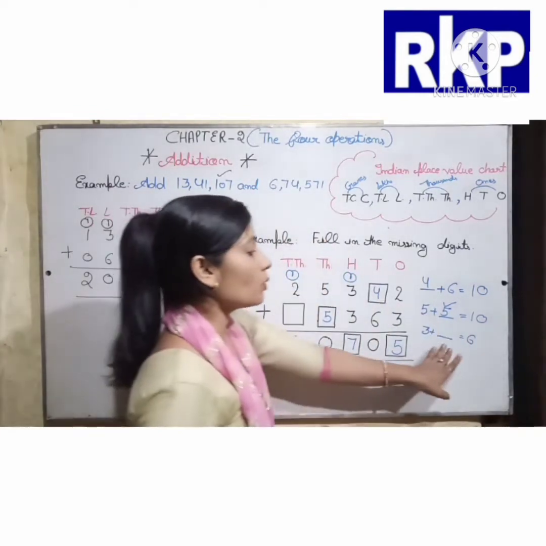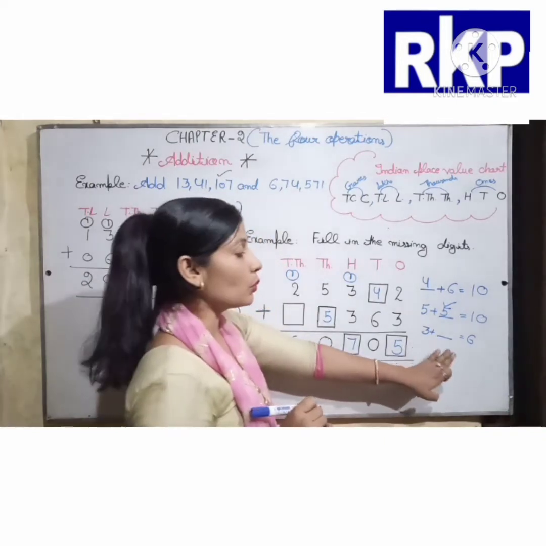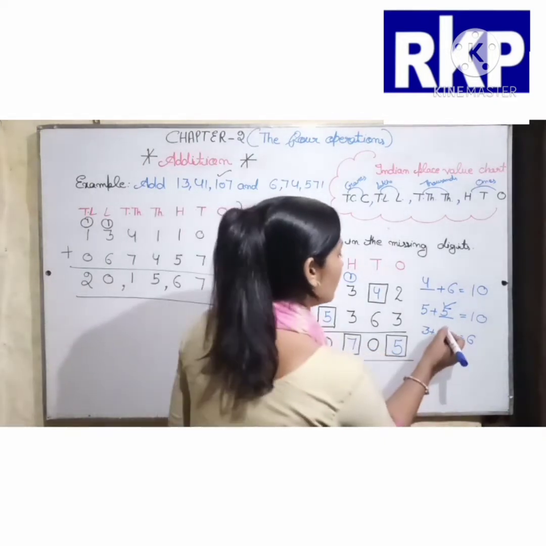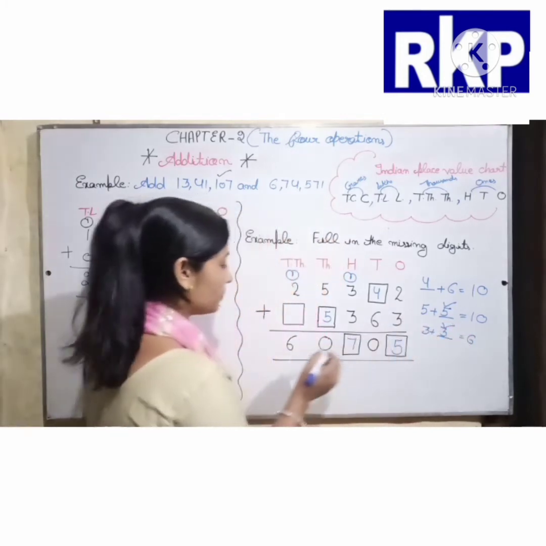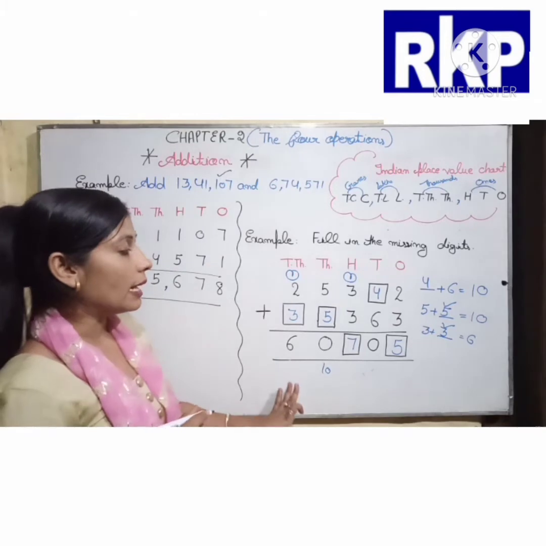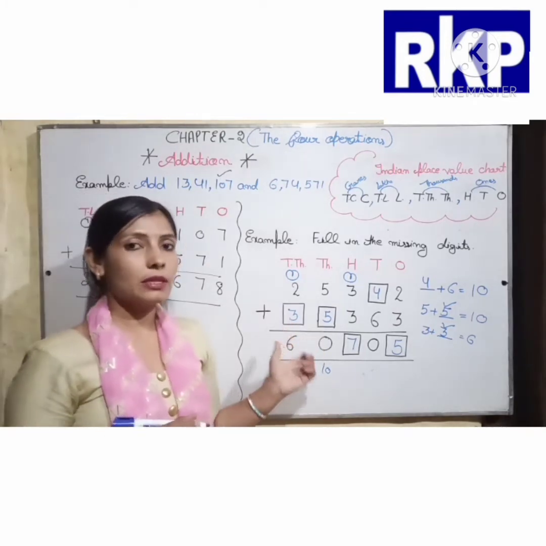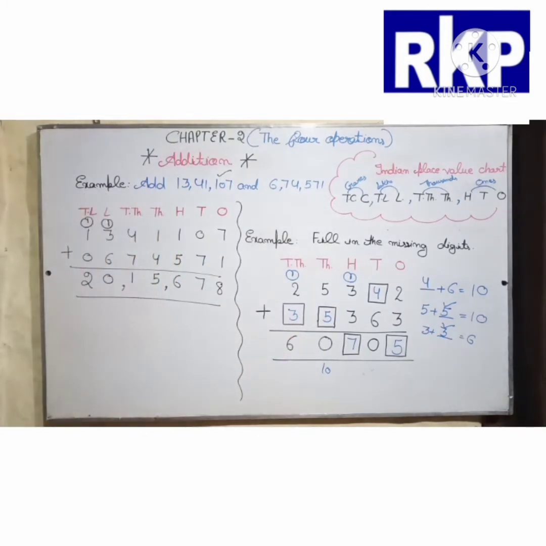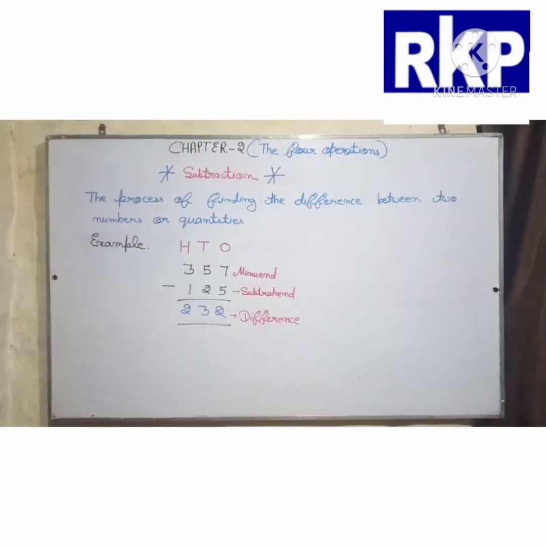So what should be added to 3 to get 6? So here 3 will come. So here we have to write 3. Okay, so like this you can find the missing digits.